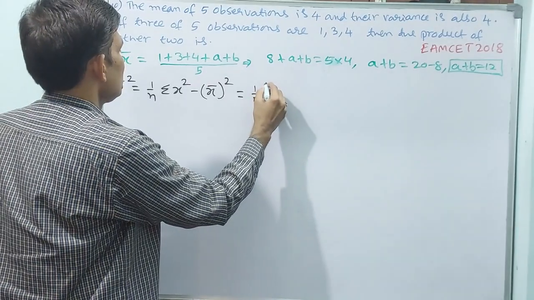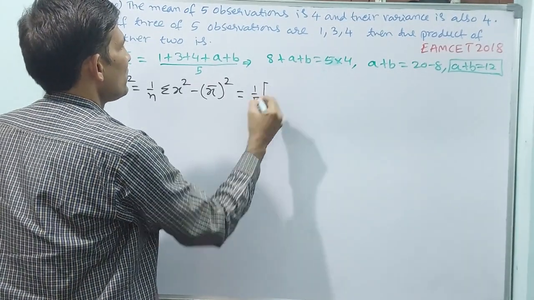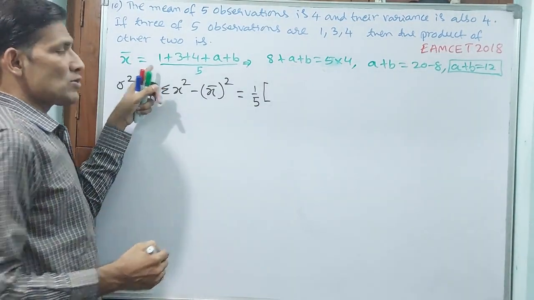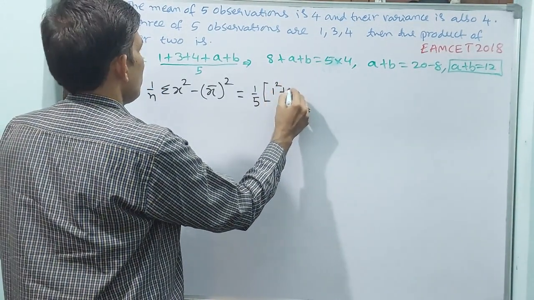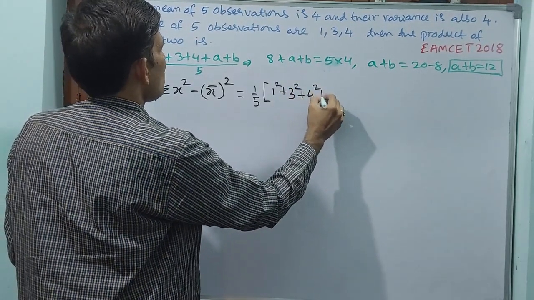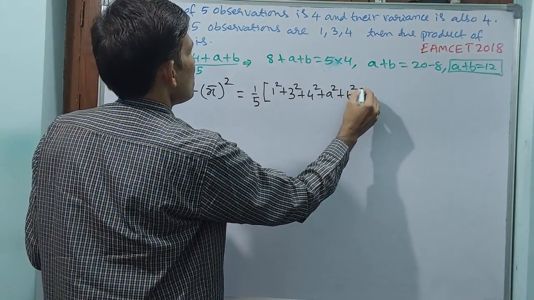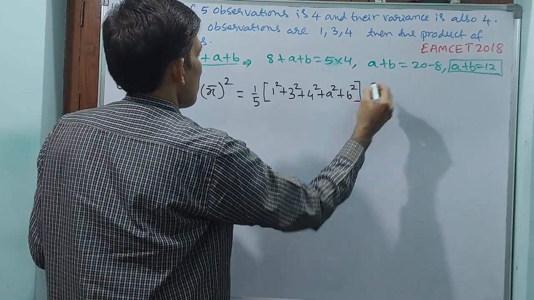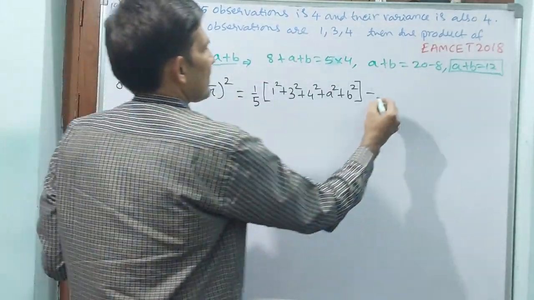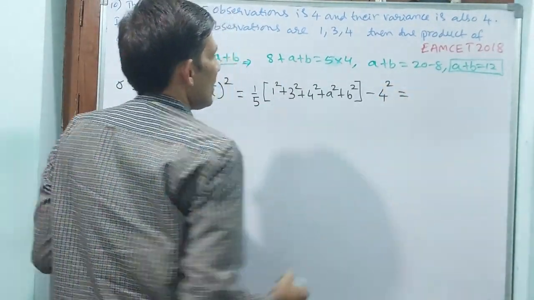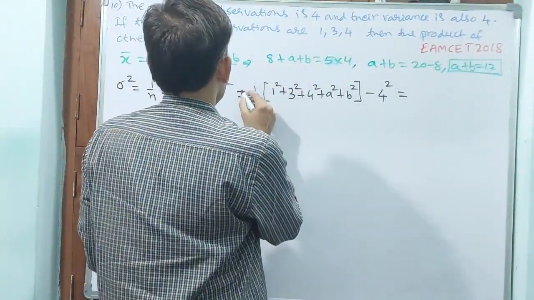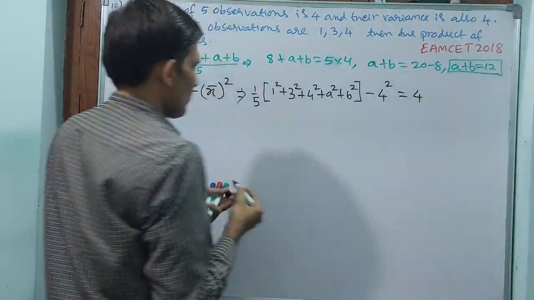1 by 5 into 1 square plus 3 square plus 4 square plus a square plus b square, minus 16, that is 4 square, is equal to 4, that is also given.